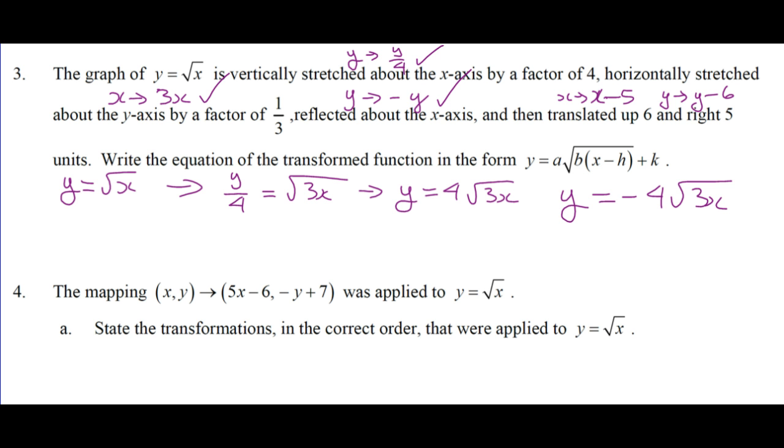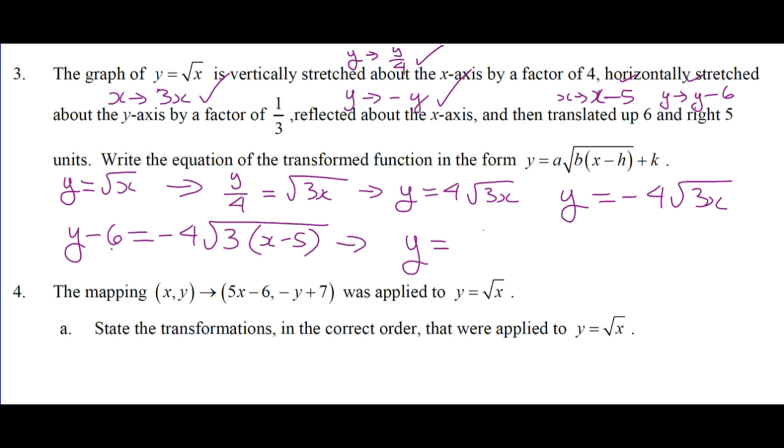We're going to replace the x with x minus 5 and the y with y minus 6. So y minus 6 is equal to -4 root 3, and where I see x, I'm going to put down bracket x minus 5, close bracket. Okay, so I've done these two. But I've got this stuck here. It needs to be over there.